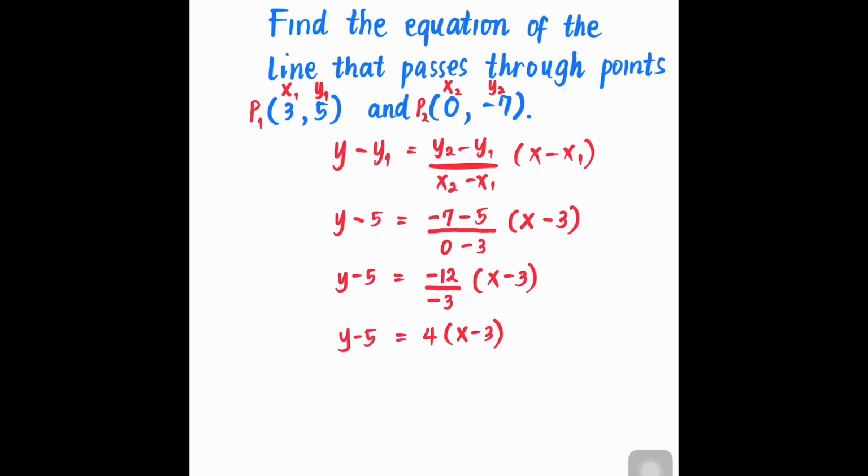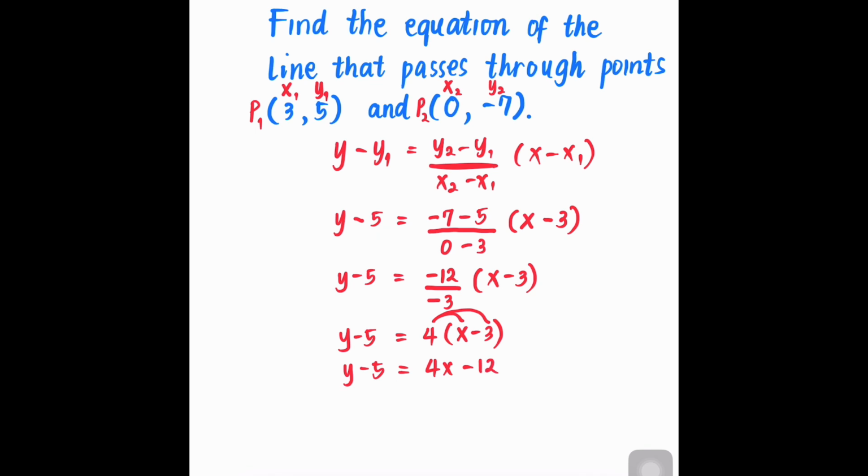And then from here, we can simplify the right-hand side. So copy y minus 5. And this part right here tells us to apply the distributive property by multiplying the 4 to every single term inside the parentheses. So 4 times x is 4x. And 4 times negative 3 is negative 12.